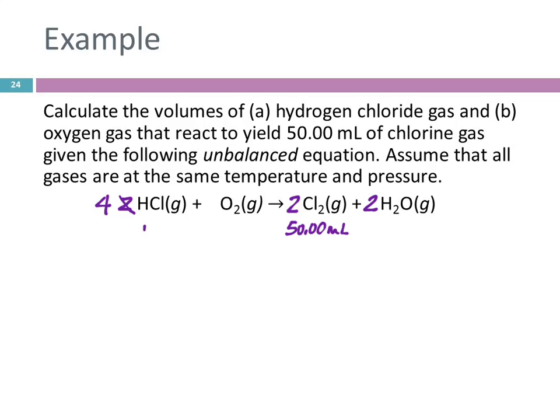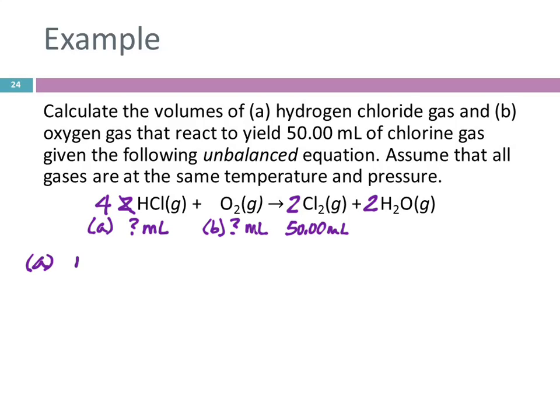It would be simplest to also do milliliters there. So that's question A. And then they're asking about the oxygen for question B. How much volume? Again, milliliters is going to be easier. So let's do A first.